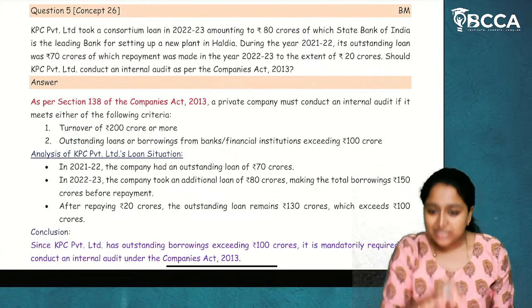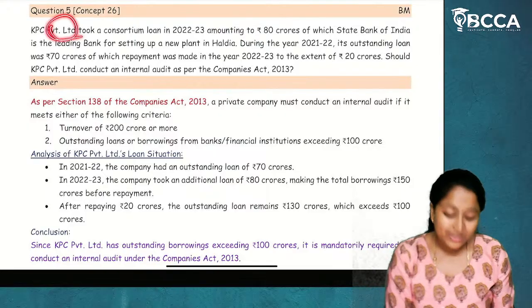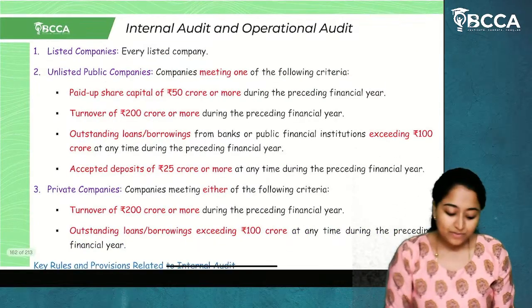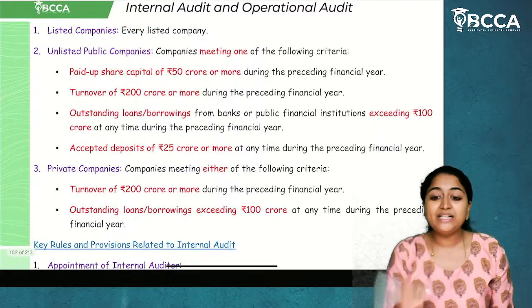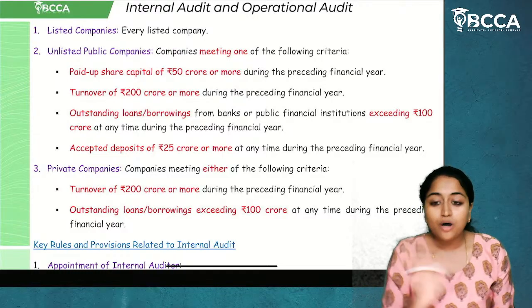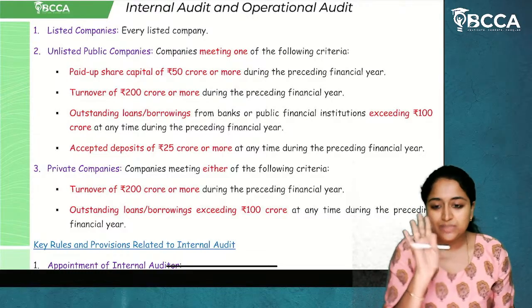Here in this question, is this a listed company? No. What is this company? Private limited company. Now, next, every unlisted public company. For an unlisted public company, the company must meet one of the following criteria. Not all the criteria. If it is meeting one, that is more than enough.